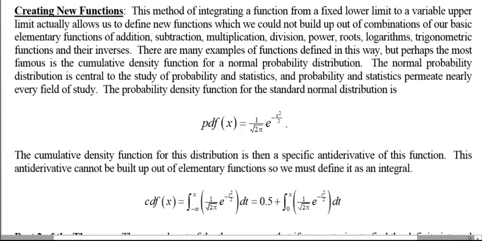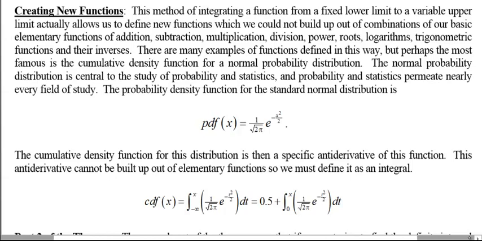The probability density function, the PDF, for a standard normal distribution is given by this formula: the PDF of x, or f of x, is 1 over the square root of 2 pi times e to the negative x squared over 2. That's a standard normal function, a normal function with mean 0 and standard deviation 1.